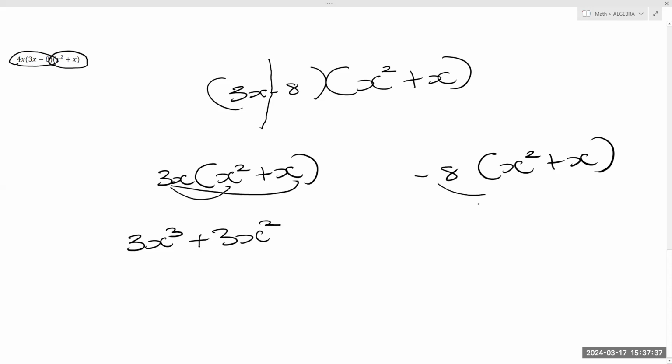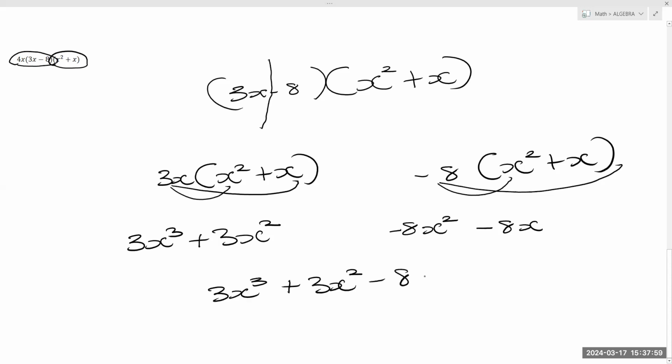Negative 8 times x squared will be negative 8x squared. Negative 8 times plus x will be negative 8x. Okay, combine everything together. So we have 3x cubed plus 3x squared minus 8x squared minus 8x.